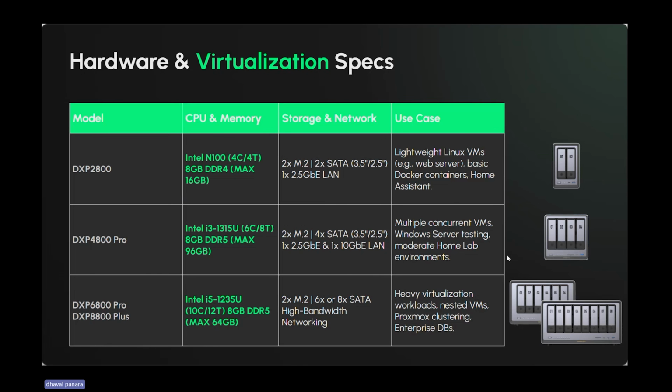Heavy virtualization workloads, nested VMs, Proxmox clustering, enterprise databases, everything can be run directly from that device because of the 10-core CPU it has. So again, we have hardware available for every different type of system that you can run directly from the NAS.